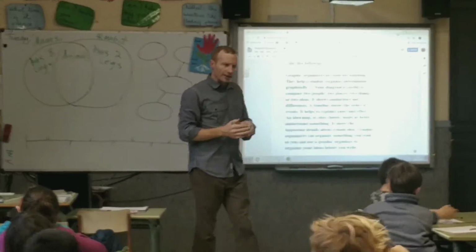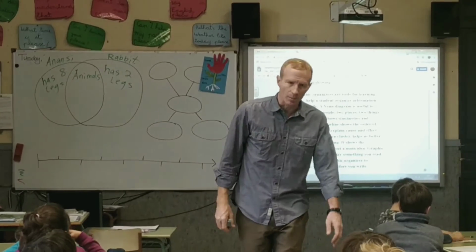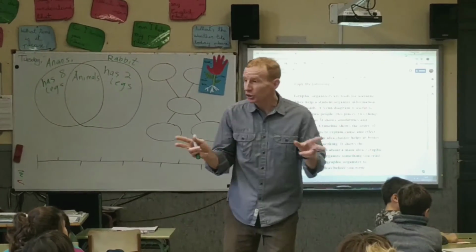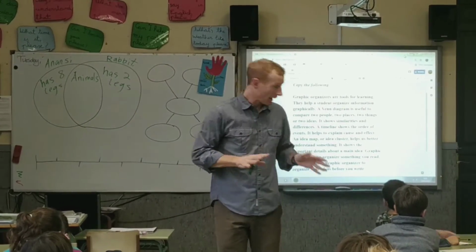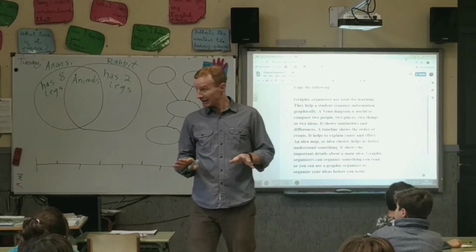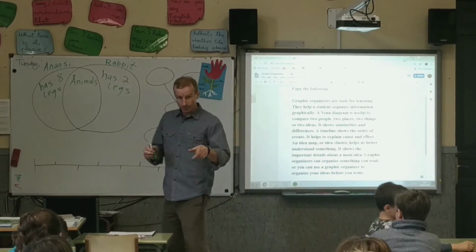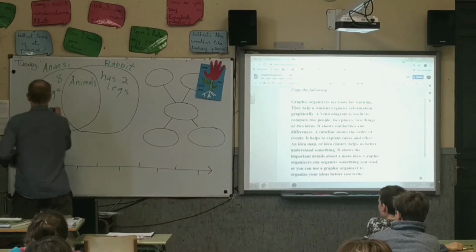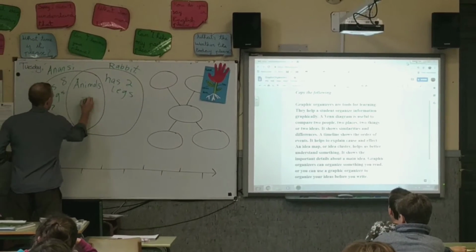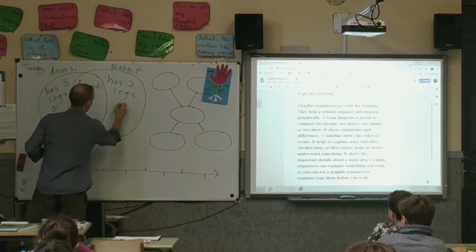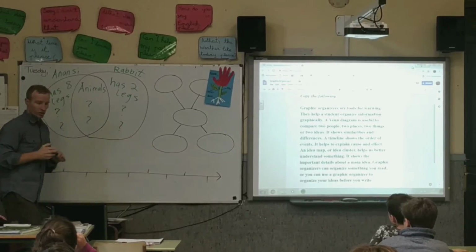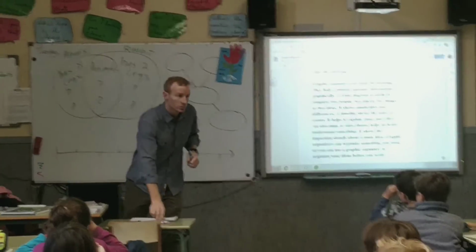This graphic organizer, this Venn diagram, helps us understand how these two things are the same and how these two things are different. Your job is to write 2 more.